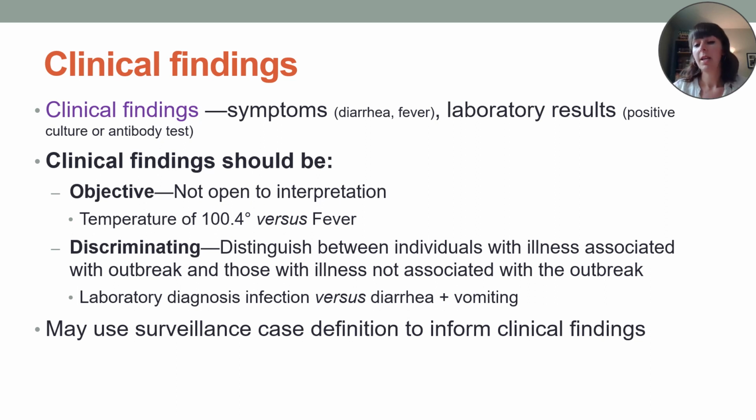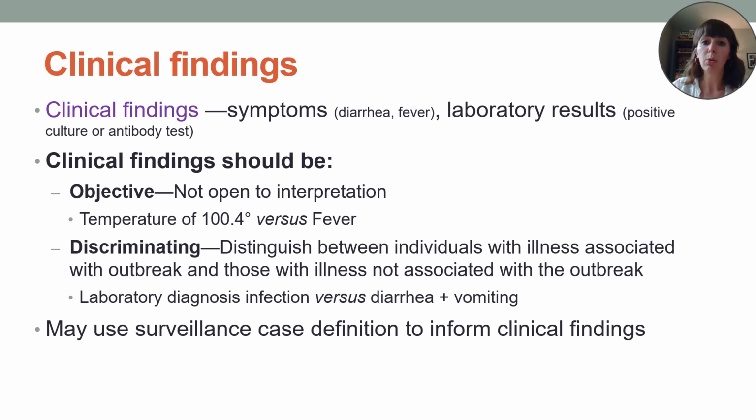For example, if you're investigating an outbreak and there's only one person who has a lab-confirmed case in your outbreak, there's no point in including that laboratory-confirmed piece in your case definition if you believe that there are other associated cases who do not have laboratory test results. By doing this, you're going to erroneously exclude people from your case-finding efforts and miss people who should be included.